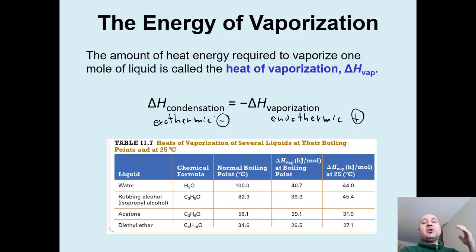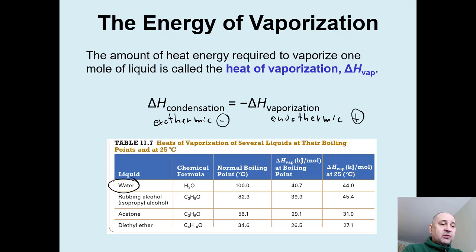So if a molecule moves fast and it slows down, it loses kinetic energy given off as thermal energy, and so these molecules have a negative change in energy. But the value, of course, is equal, right? So the energy required to vaporize is the same as the energy released from condensation. So if you have a delta H, for example, here's a table.